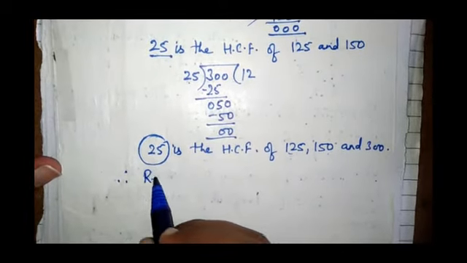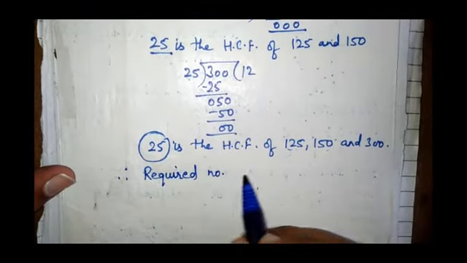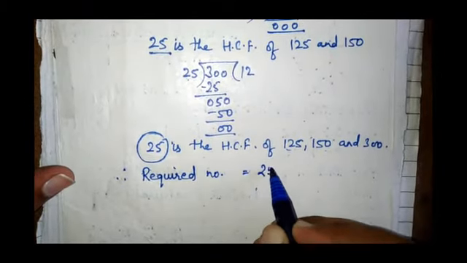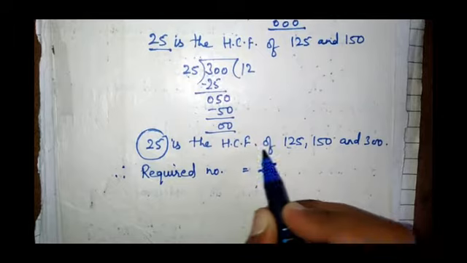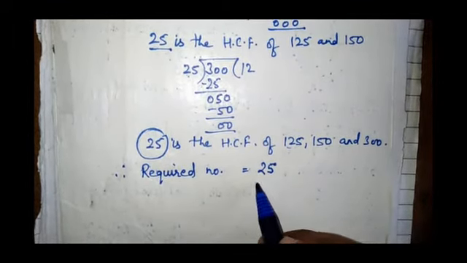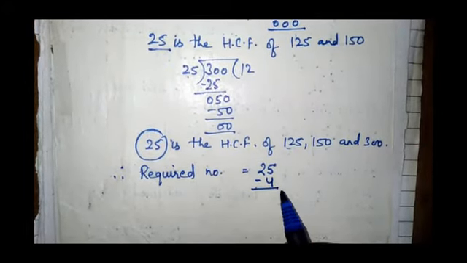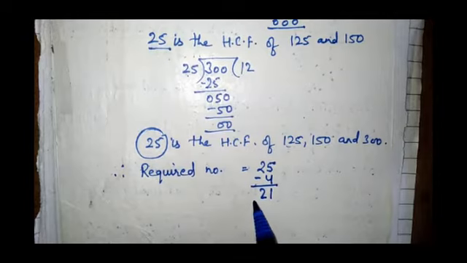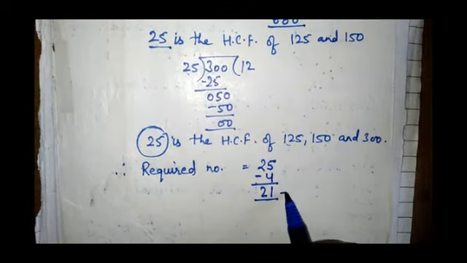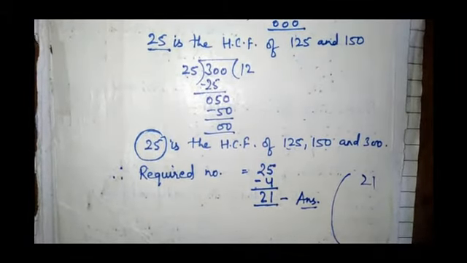So the required number is 25, which is dividing these three numbers exactly, but it has been increased by 4. So we will get back to the previous number, 21. So 21 is the answer. 21 is the required number.